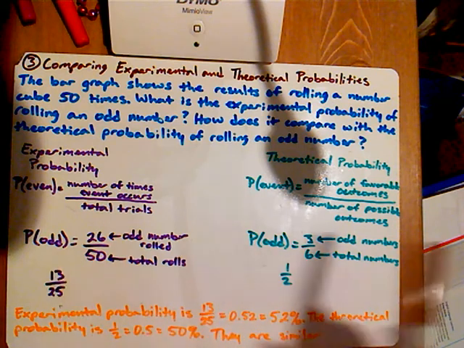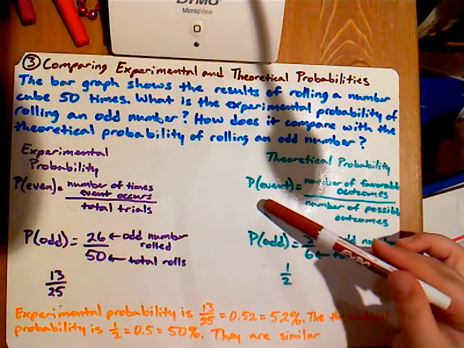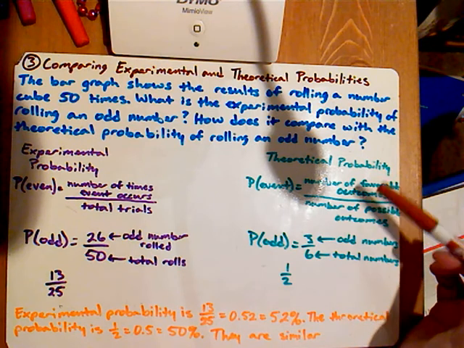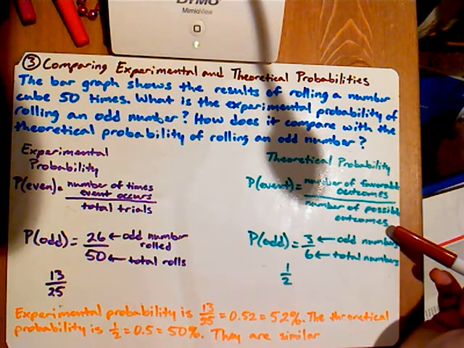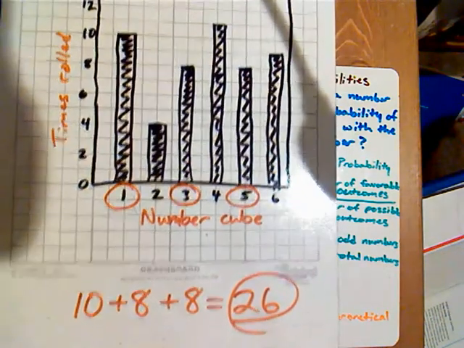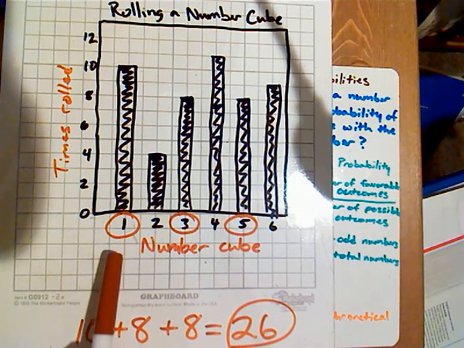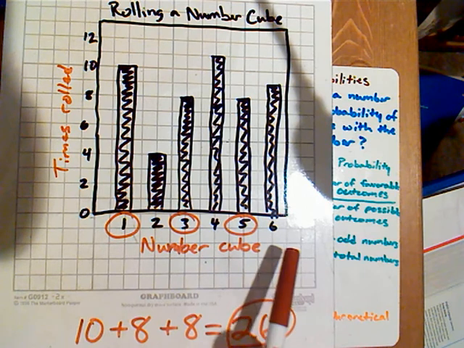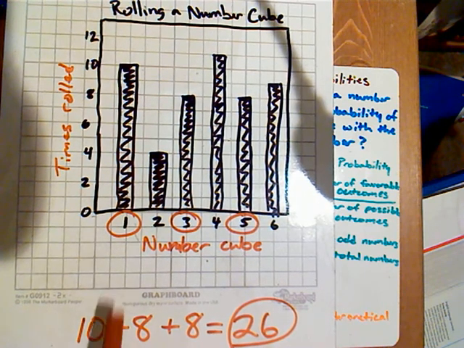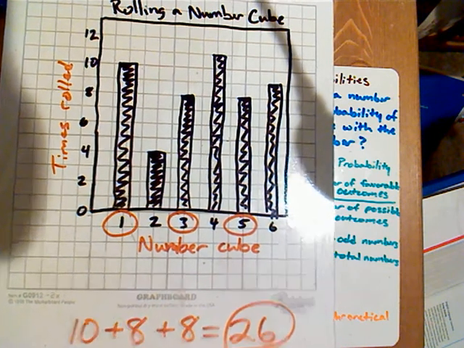So then we're going to look at our theoretical probability. Remember, with theoretical probability, P of the event equals the number of favorable outcomes over the number of possible outcomes. The possible outcomes are going to be 6 because there are 6 numbers on the number cube. And the favorable outcomes, there are 3 favorable outcomes of rolling an odd number.